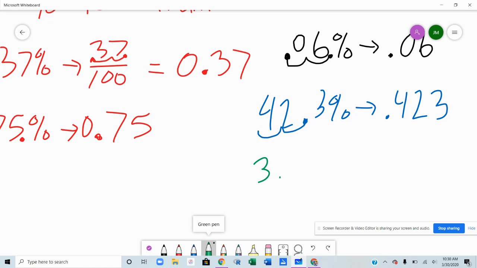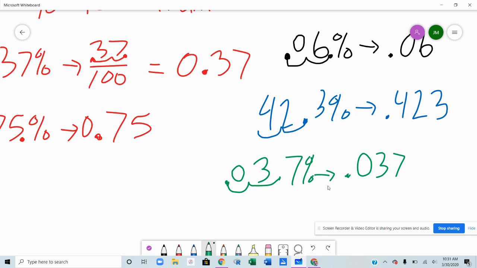If I have 3.7%, take your decimal, move it 2 places, and there's this imaginary 0 again. So it's 0.037. Okay, so that's something you'll need to make sure that you are able to do. You'll see a couple more examples together with us as we start working on our word problems and our percents.